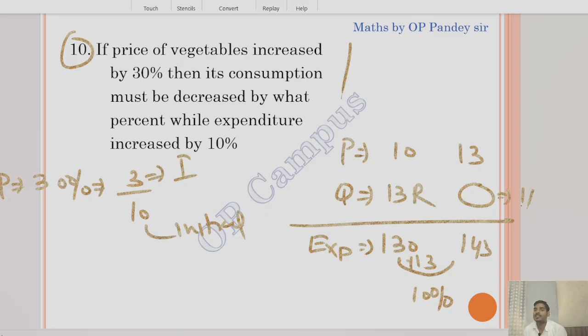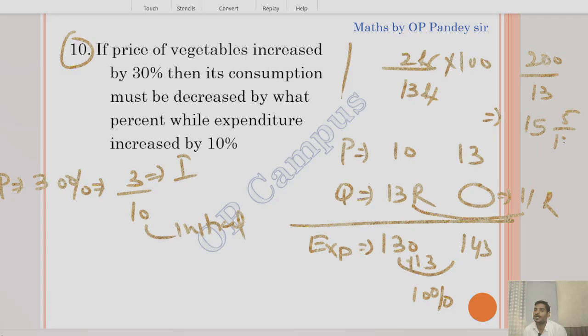If 13 ratio is the initial quantity, then present quantity becomes 11 ratio. Reduced quantity is 2 ratio. 2 ratio is reduced quantity at 13 ratio into 100. R to R cancel. This is 200 divided by 13. After solving we get 15 whole 5 divided by 13%. This is your correct answer.